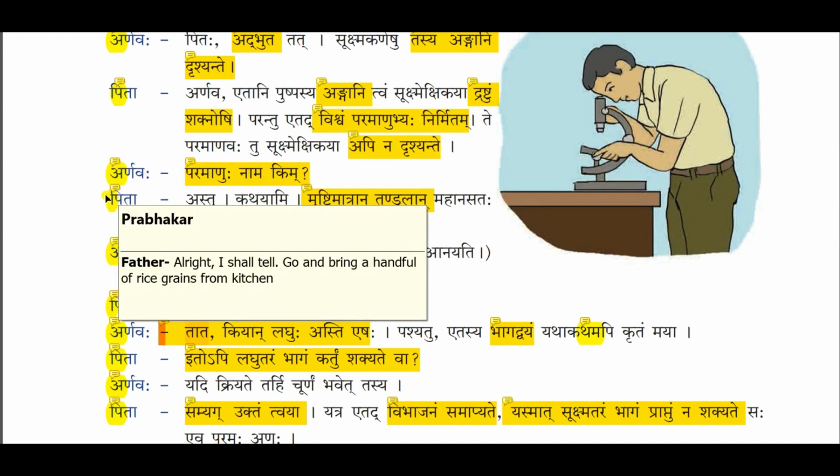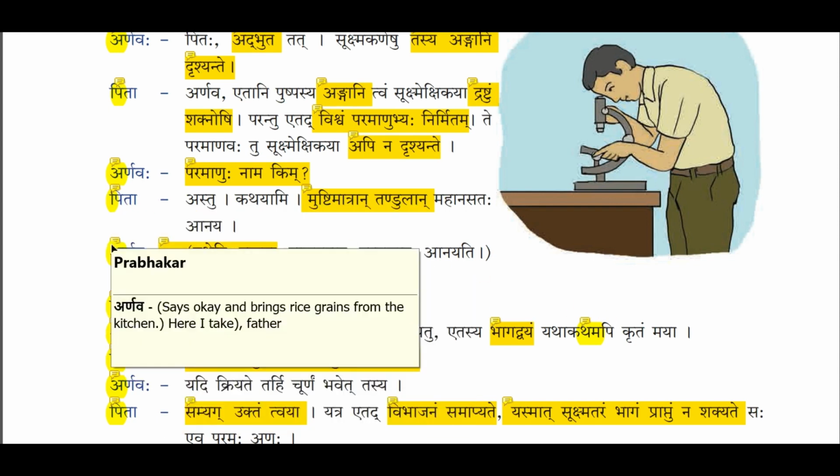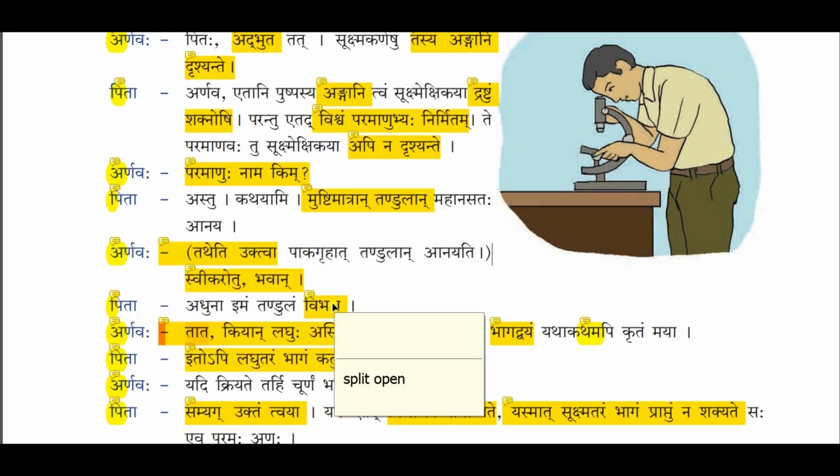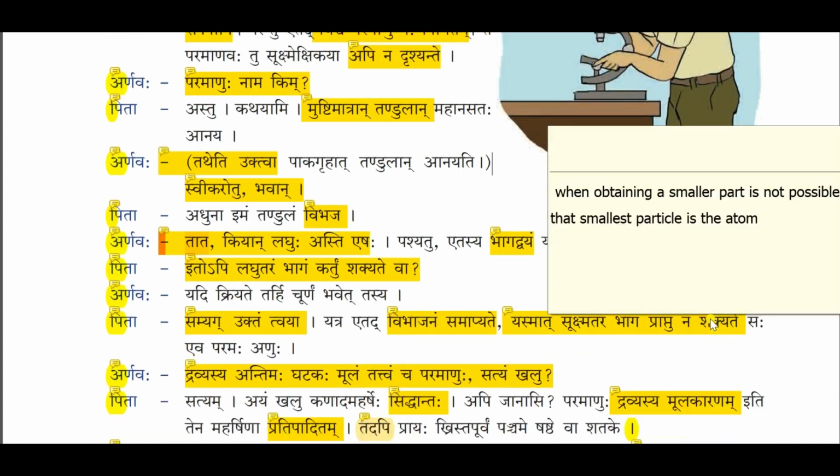Kathayami, I shall tell you, let me tell you. Go and bring a handful of rice grains from the kitchen. Mushti matran tandulan means handful of rice grains. Then Arnab says okay, and brings rice grains from the kitchen. And then he said, here I take, father, so please take it. So this was the translation. Now I'll continue and then I'll show you some words.